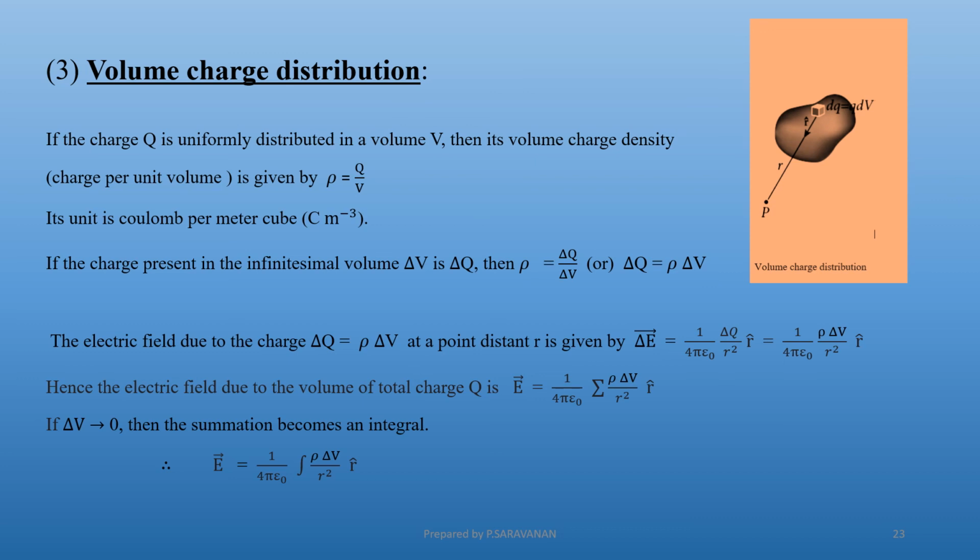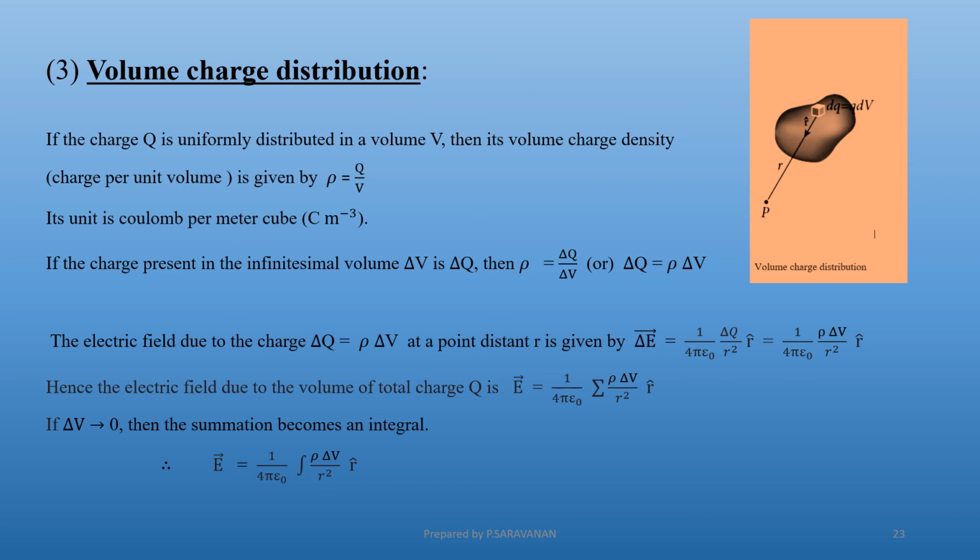If the charge Q is uniformly distributed in a volume V, then its volume charge density is defined as the charge per unit volume, and it is given by rho equal to Q by V. Q is in coulomb and V is in meter cube.